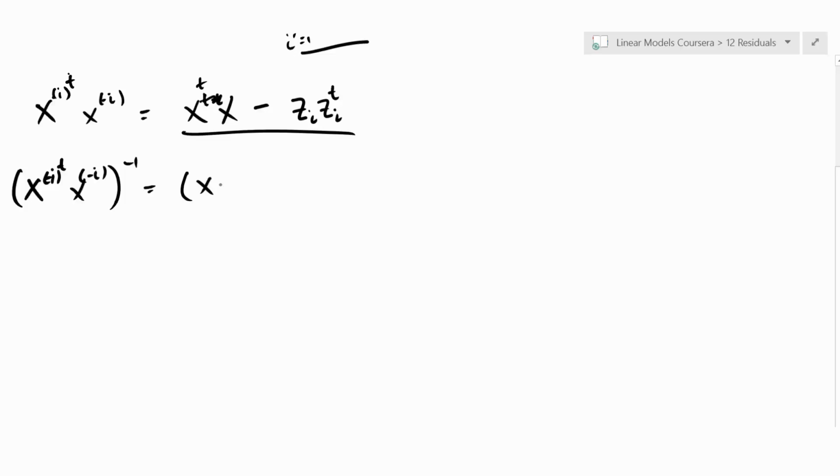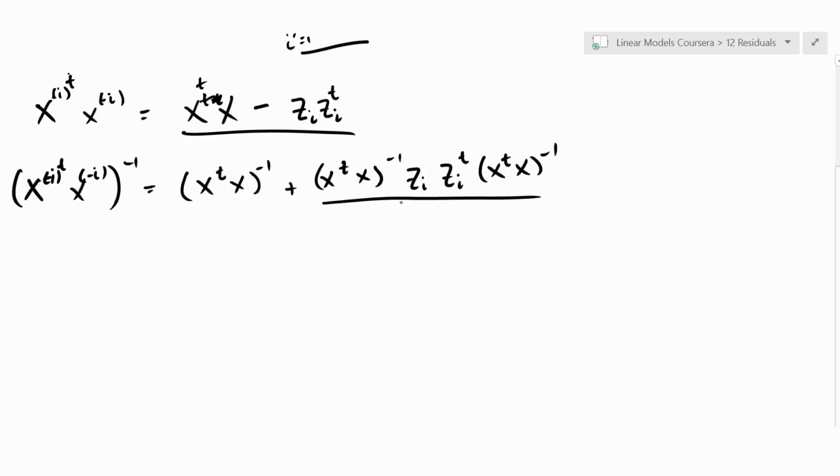So if you look back to the theorem, this works out to be X transpose X inverse plus X transpose X inverse zi zi transpose X transpose X inverse, all divided by 1 minus zi transpose X transpose X inverse zi.